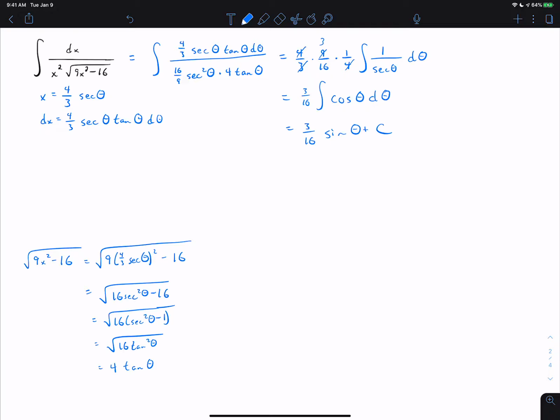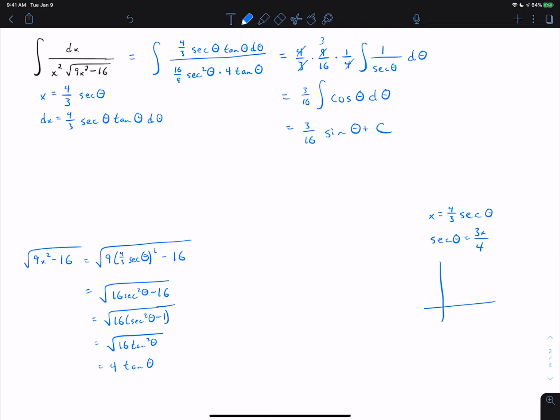We're now going to try to go back to x. So we come over to the side and we go to the original trig substitution. So x equals 4/3 secant theta. We solve for the trig function. So secant theta is 3x over 4. We draw theta in the first quadrant.